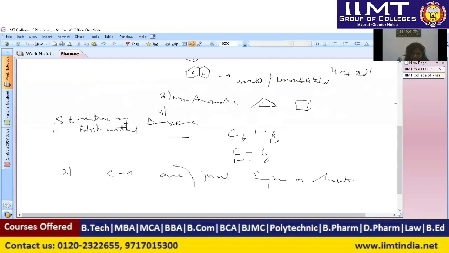Now, because it is a cyclic aromatic, carbons can be joined together in a cyclic form, and we can draw a tentative structure like this.